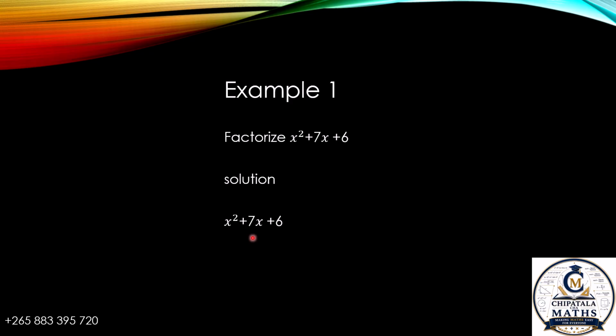We find the two numbers or factors. When we add them, they will give us 7x, which is 1x and 6x. When we multiply them, they will give us 6x squared.